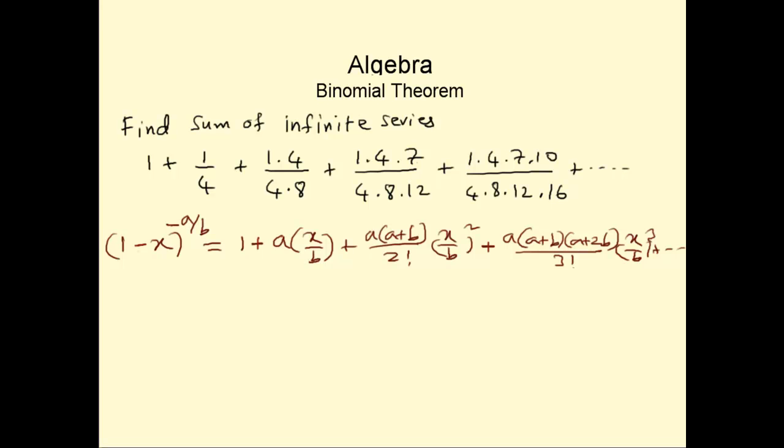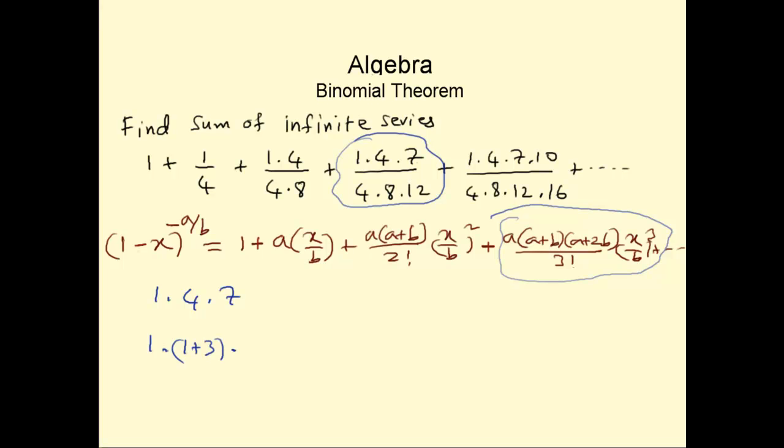So if you compare the fourth term on both sides, what is the increment here? 1, 4, 7, right? 1, 4, 7 is 1 times 4, which is 1 plus 3, times 7, which is 1 plus 2 times 3.